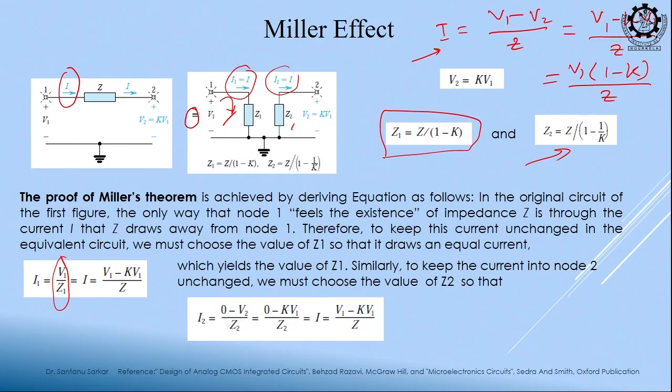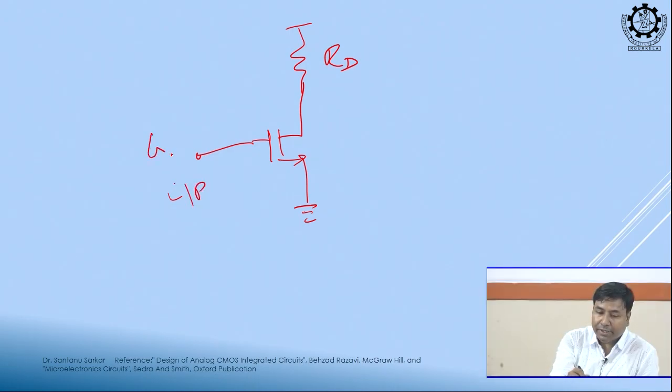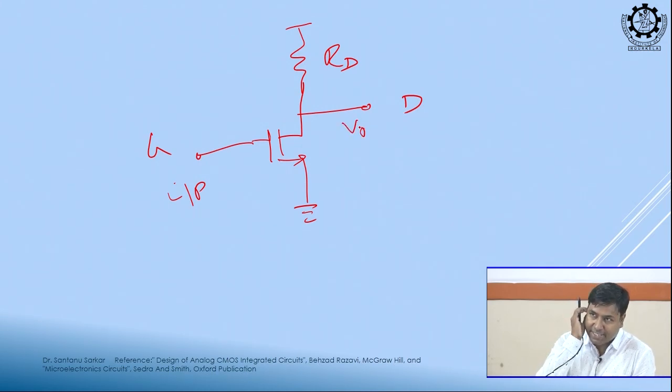For example, suppose you have a common source amplifier. What is your input? Gate. What is your output? Drain. Now, when we do the small signal analysis, no connection exists between input and output, right, high impedance. But the moment you try to design an amplifier for high frequency, this will come.